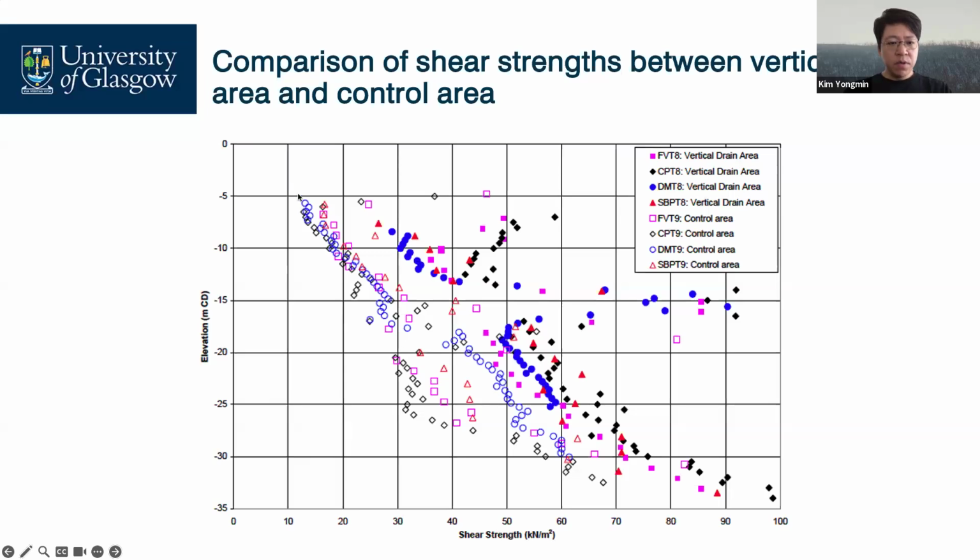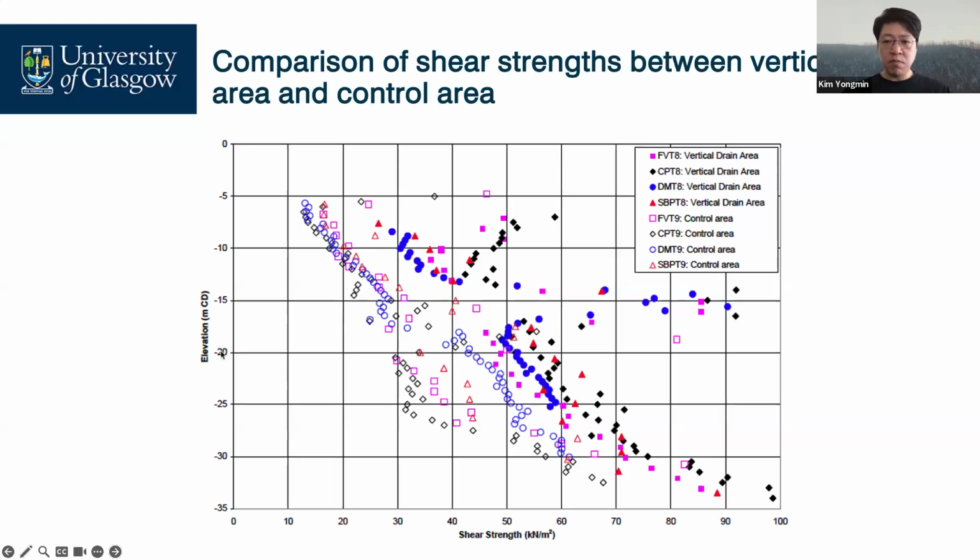So all are ranged from 10 to 60 along the depths. But after the consolidation process, even accelerated consolidation by prefabricated vertical drain, their shear strength, C prime, or even C undrained, is much higher than this.